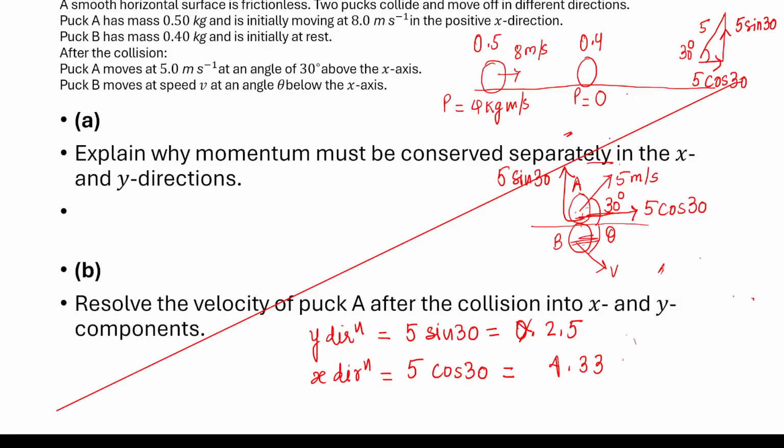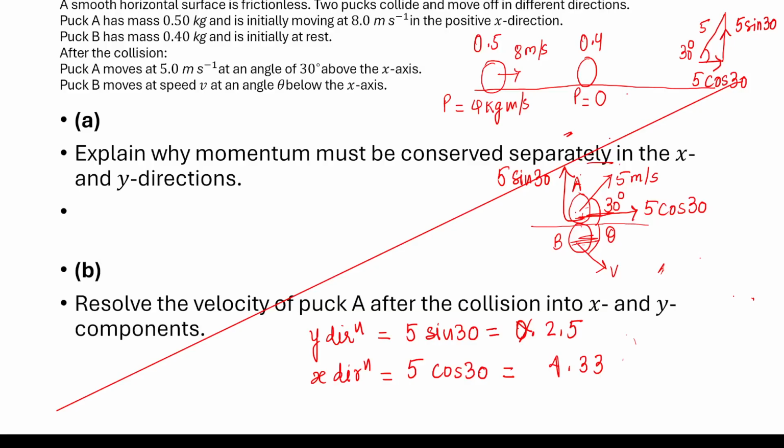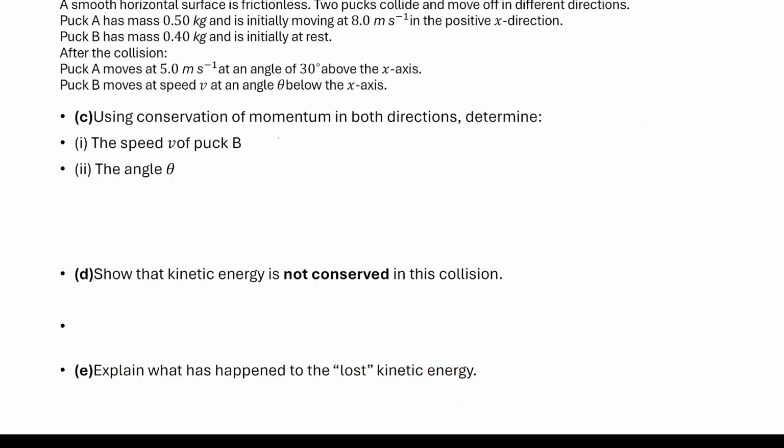All right, so the next part is using the conservation of momentum in both directions, determine the speed v of puck B. Okay, so now let's just go back and see what was the x direction momentum of A, which is 4. So I'm conserving in x direction first.